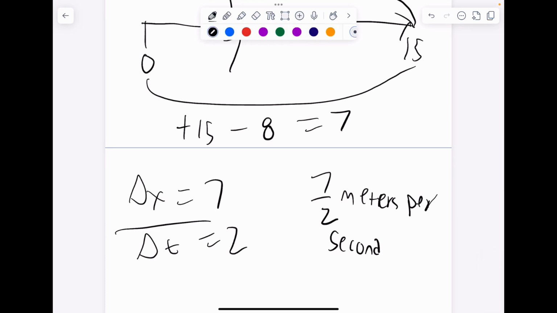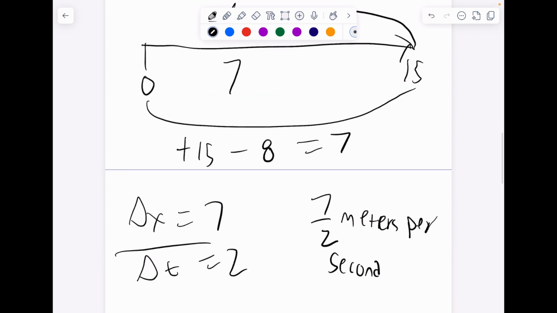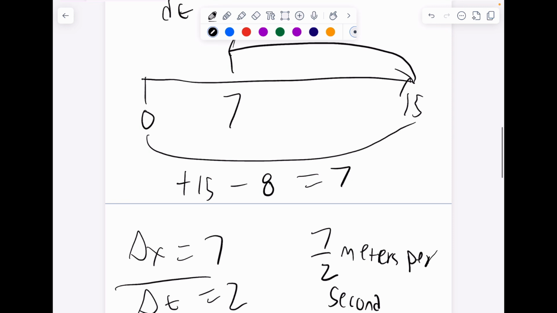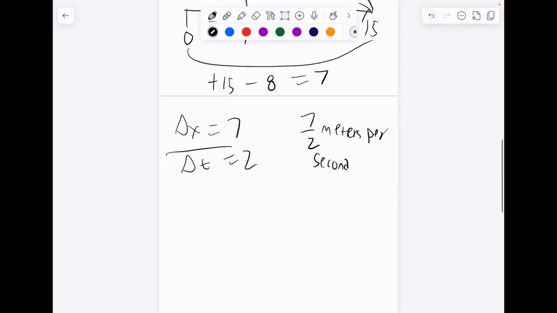Essentially, since speed only relies on the amount of distance traveled rather than the displacement, we could simply add up these two distances traveled. Since I went 15 first, I went 15 meters, and then I went back to position 7, which is 8 meters traveled. So if we want to find the average speed, we do 15 plus 8, because we're essentially treating this as an absolute value, sort of.